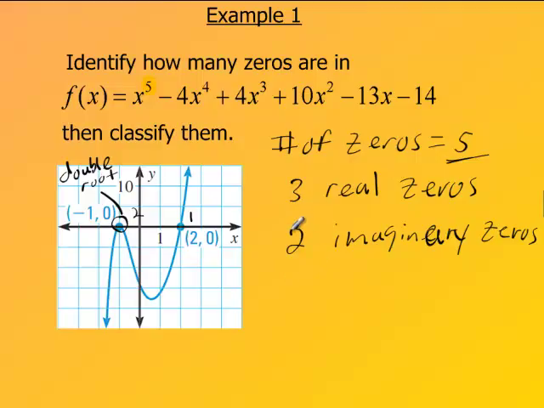So making for a total of 5. So that's how we could read something. We have to be careful. We have to be aware of these double roots, and sometimes we get triple roots. But mainly I want you to be aware of these double roots. And then what we don't see on the real number plane, we can then deduce how many imaginary zeros there are going to be.